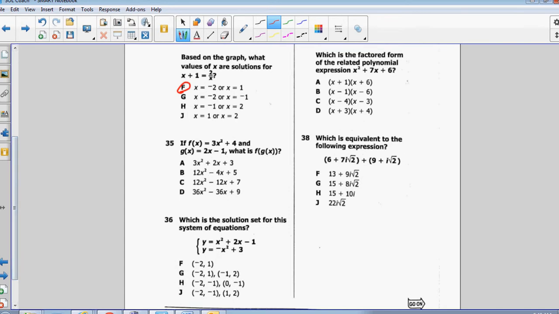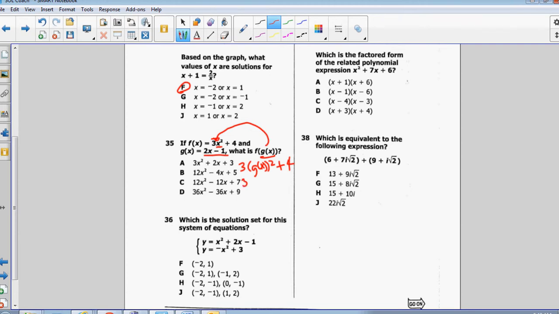In 35, we're doing f of g of x. So start with function f, and you're going to substitute g of x for the x in that function. So we have 3 times g of x squared plus 4. And then we're going to actually put 2x minus 1 where it says g of x.